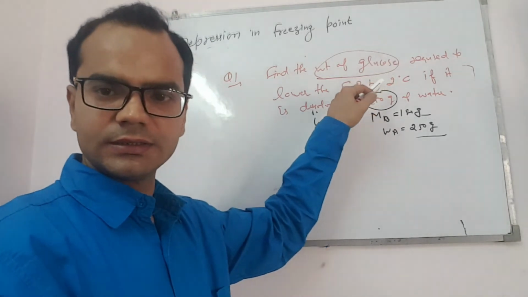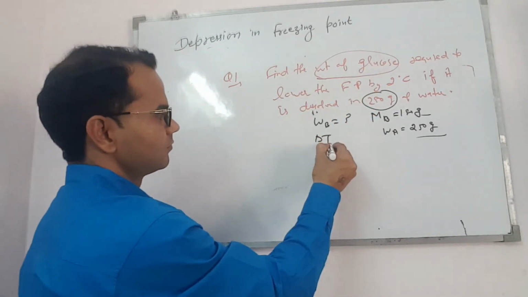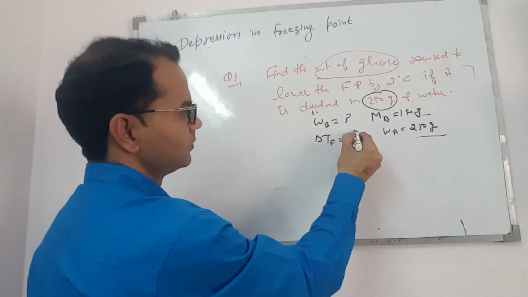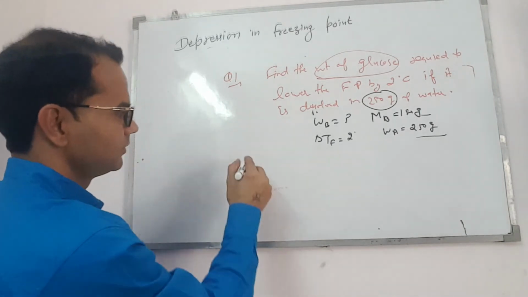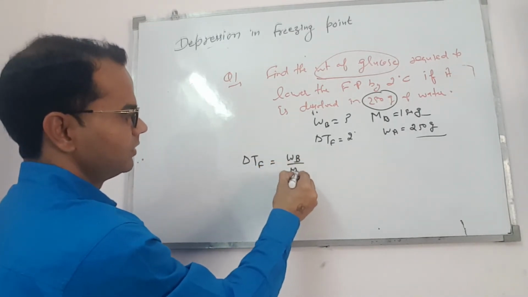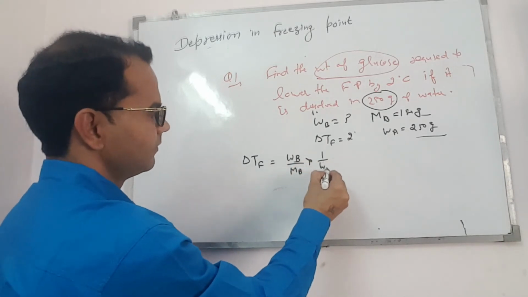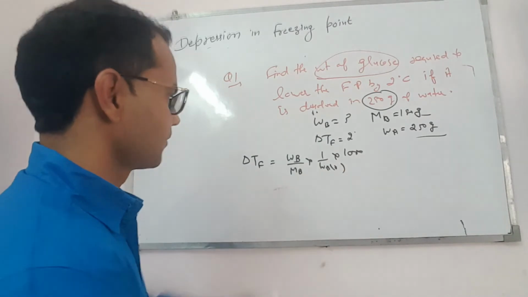So directly it is delta TF, depressed temperature. Delta TF equal to 2. So use the formula. Delta TF equal to WB by MB into 1 by WA into 1000, with weight in gram.